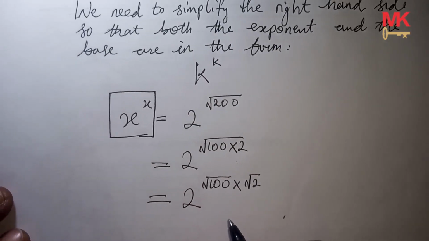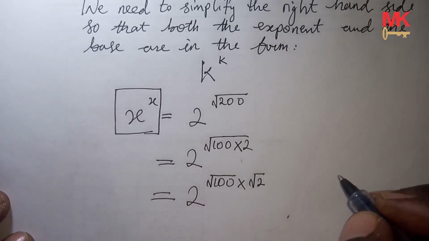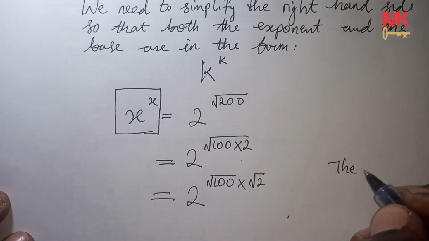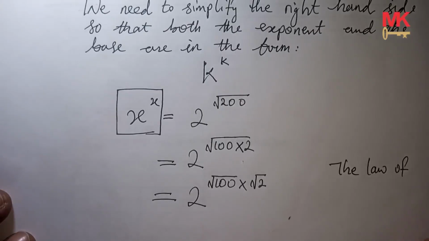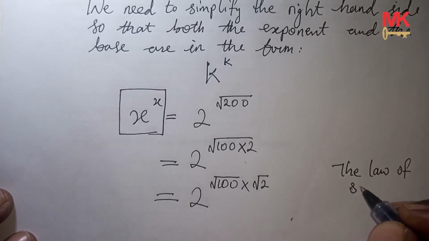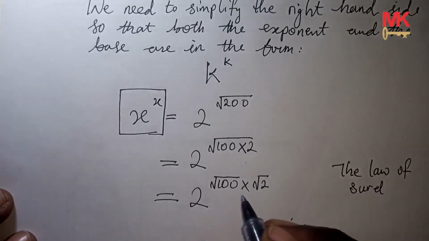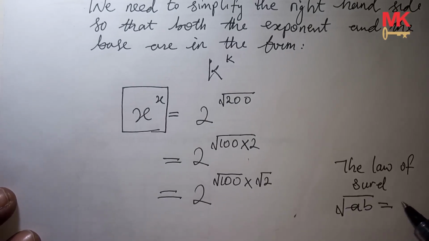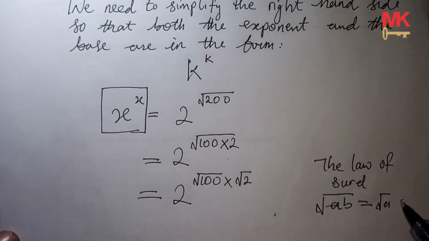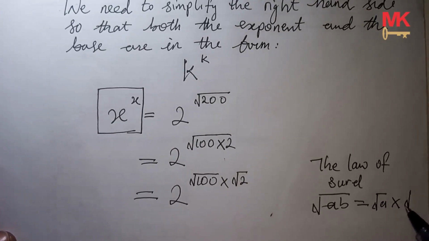So this is the law of indices, the law of surd. It says that the square root of ab is equal to the square root of a times the square root of b.